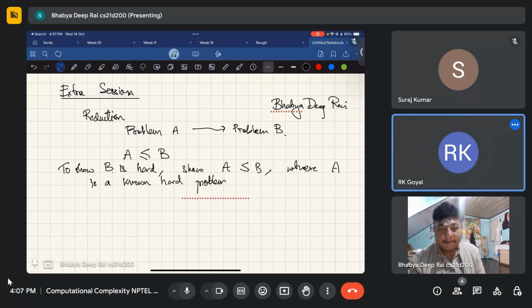So this problem B would be at least as hard as the problem A is.